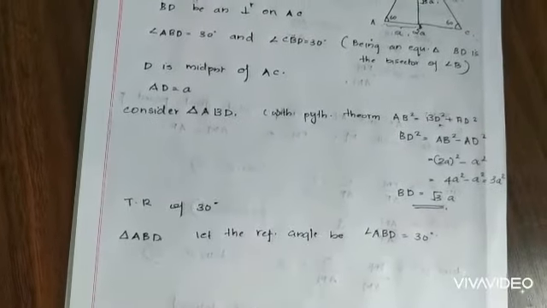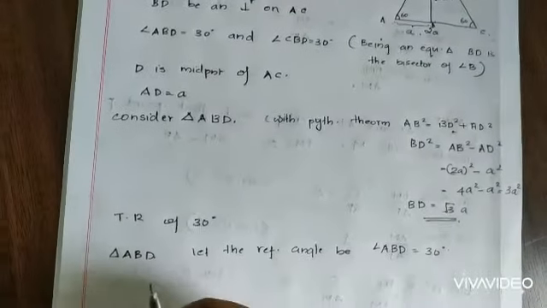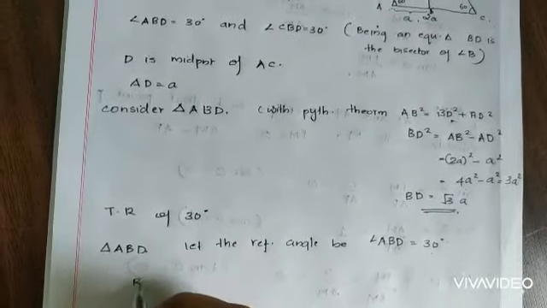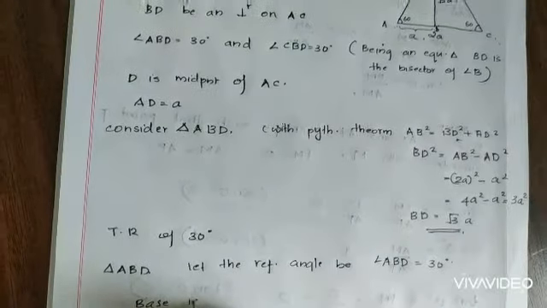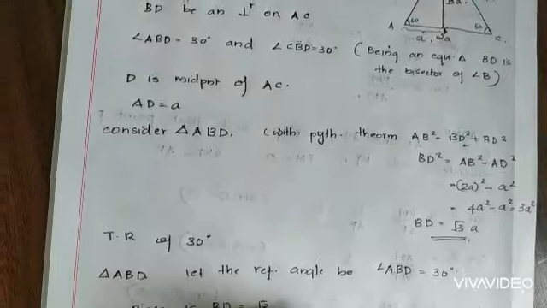So, with reference to 30 degree, the base is BD and this is equal to root 3A.